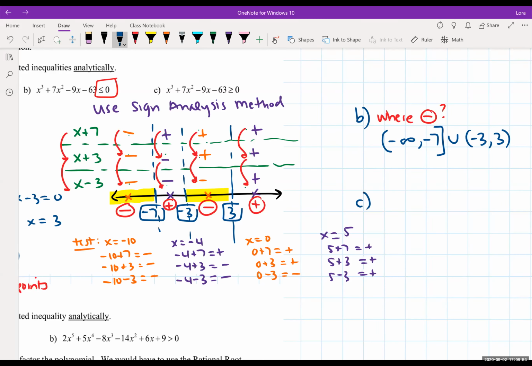And our solution for part C, if we look at the inequality, left-hand side compared to 0, greater than or equal to 0 would indicate we are looking for where we have a positive region. So you can see it's the opposite of what you chose for part B. We'd be looking at negative 7 to negative 3. We still have that greater than or equal to, so we have brackets. I missed that up there. See, sometimes when you look at part B and part C, you catch your mistake.